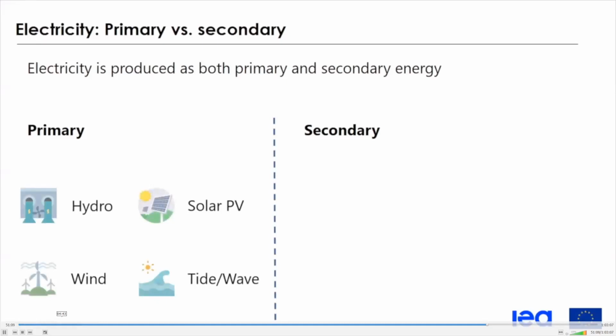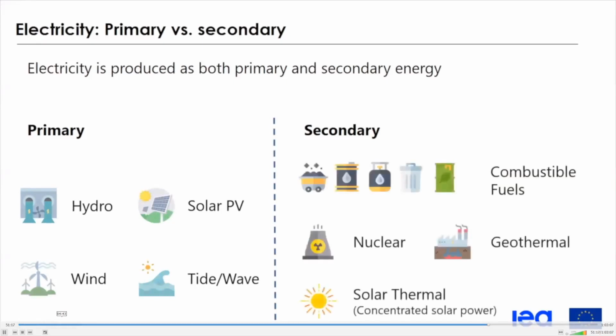Secondary sources are obtained from the heat generated by burning a combustible fuel, so either fossil fuel, coal or gas, or also from nuclear fission, from geothermal energy, and from solar thermal heat. So this is the first distinction that you can find in the dataset when we talk about primary electricity and secondary electricity.